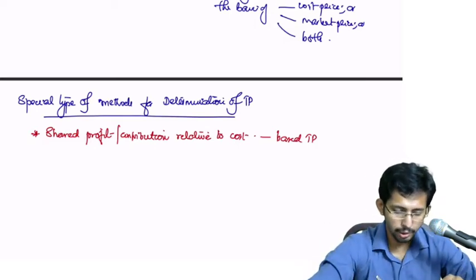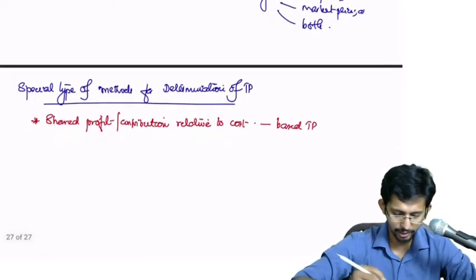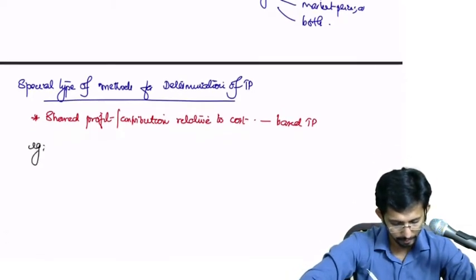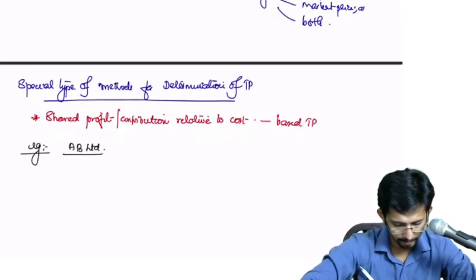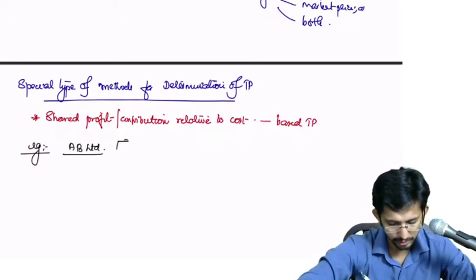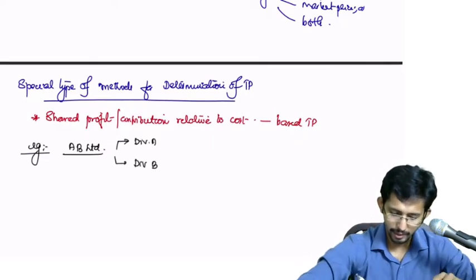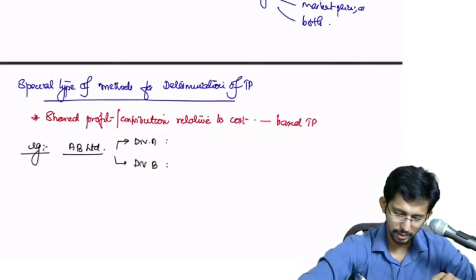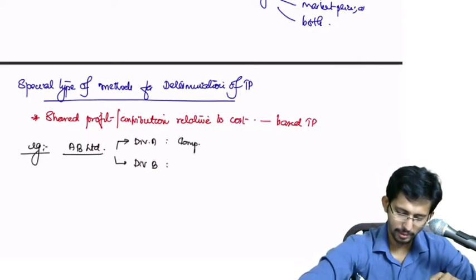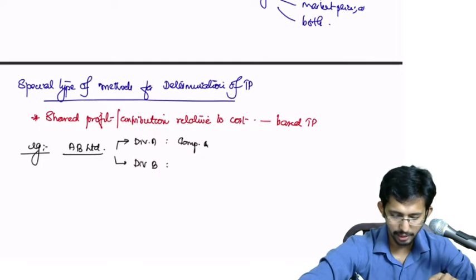Okay, I will give you an example. There is a company called AB Limited. AB Limited has two divisions, division A and division B. Division A is manufacturing a component A and division B is using that component A to produce product B. Is it clear?